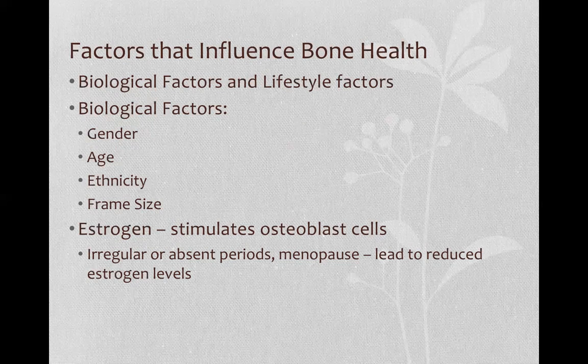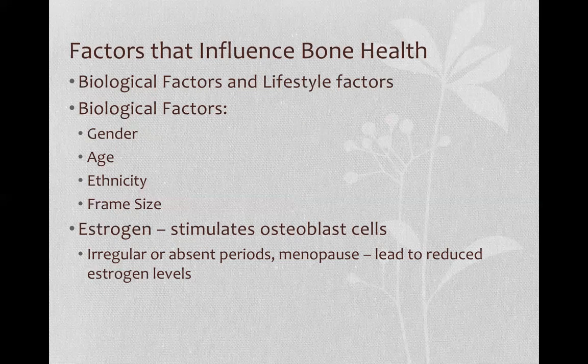And as we become elderly, we're actually losing bone mass. Ethnicity, Caucasians and Asians and Asian Americans tend to have lower bone density than African Americans or Africans. Frame size, larger people tend to have greater peak bone mass. And this could be big boned people or even slightly overweight people.